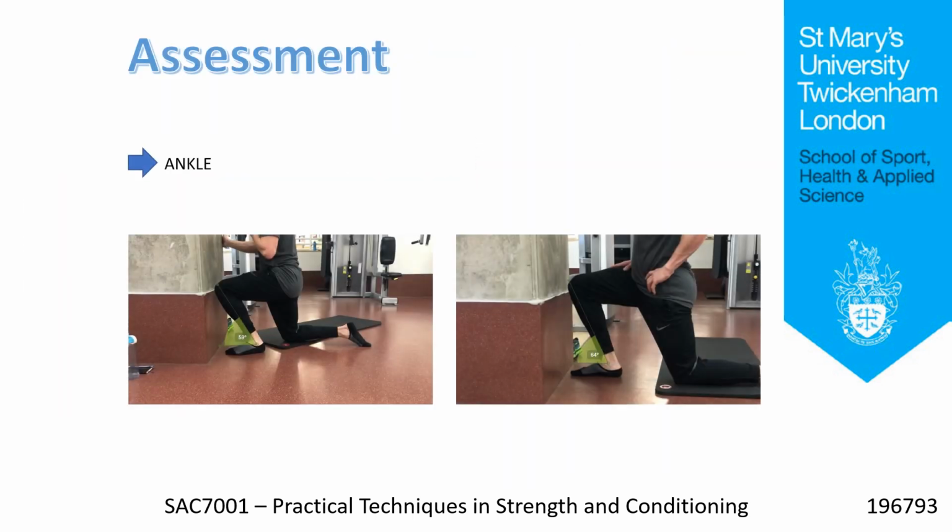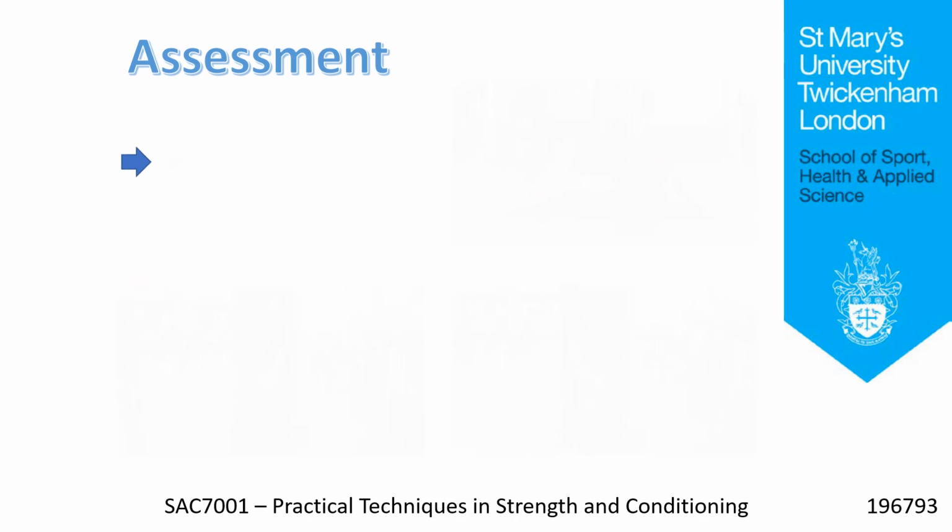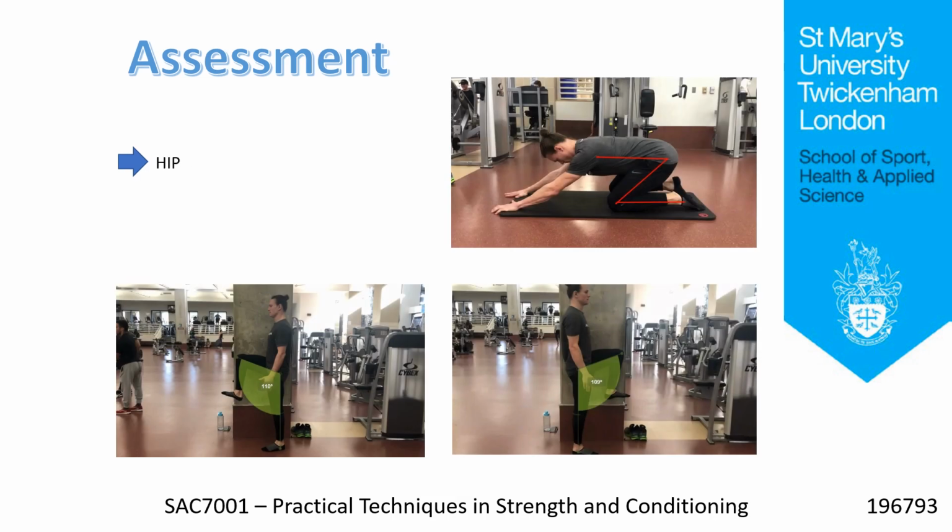The knee to wall test revealed a lack of ankle mobility on the right side, which can be related to the previous injuries the athlete had, and the hip assessment did not reveal any problems in reaching depth, and his active hip movement is also above 90 degrees.